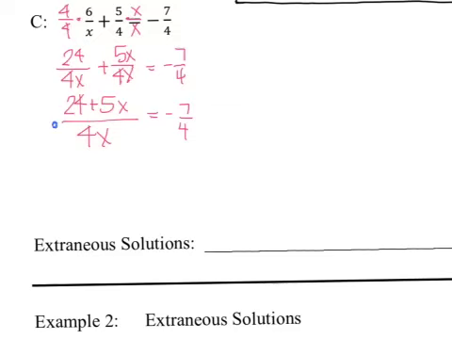Get rid of this denominator, so multiply it on both sides. That will cancel that. Remember, it's over 1. So we have 24 plus 5x equals negative 28x over 4.